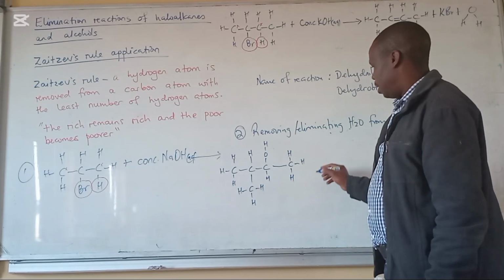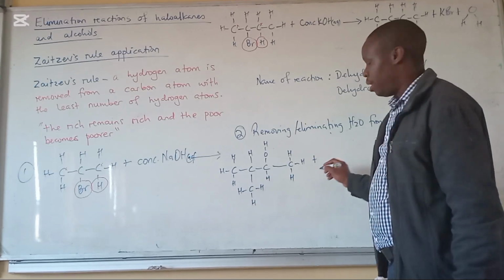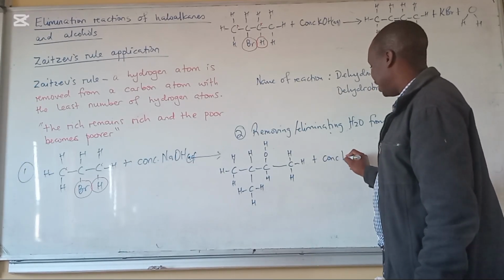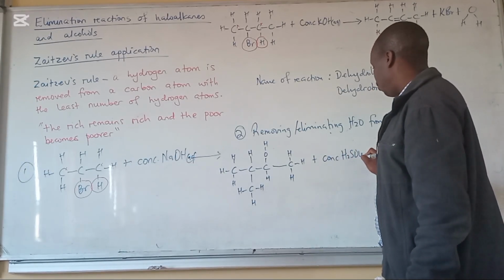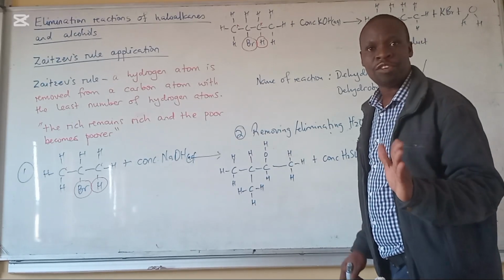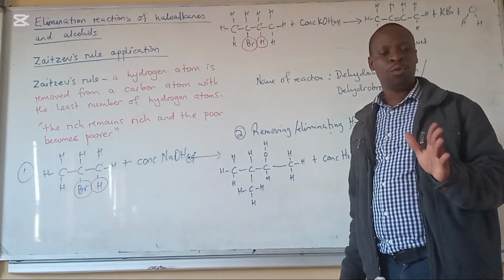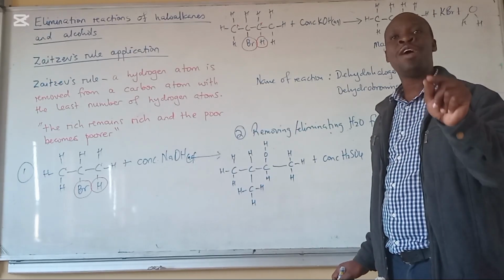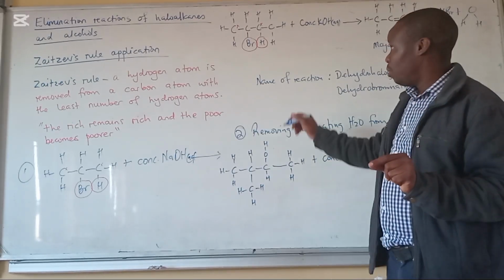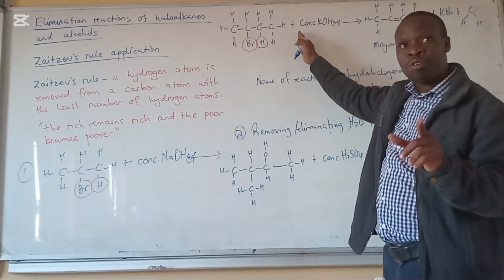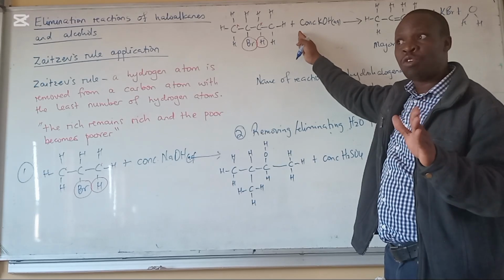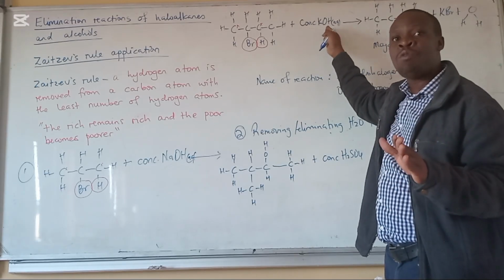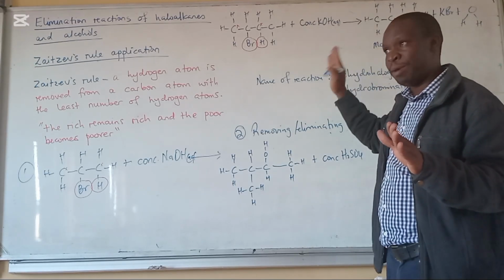It's going to react with concentrated H2SO4. Elimination reaction of alcohols requires the use of concentrated strong acid, whereas elimination reaction of haloalkanes requires the use of concentrated strong base. Okay, so you must know that.